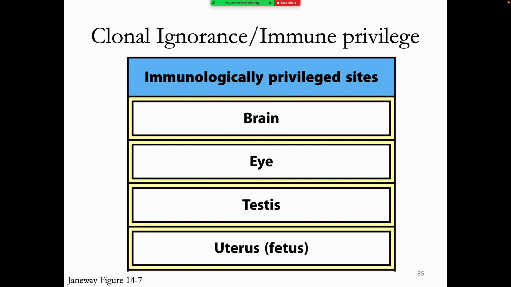So we actually exclude the adaptive immune response. Another way of saying it is that we actually hide these things from the adaptive immune system. So there's no way that they can get damaged by some immune response going wrong.